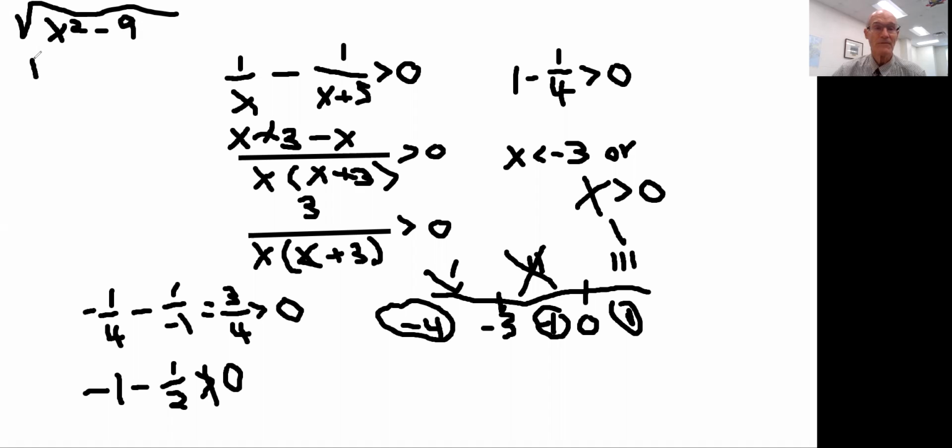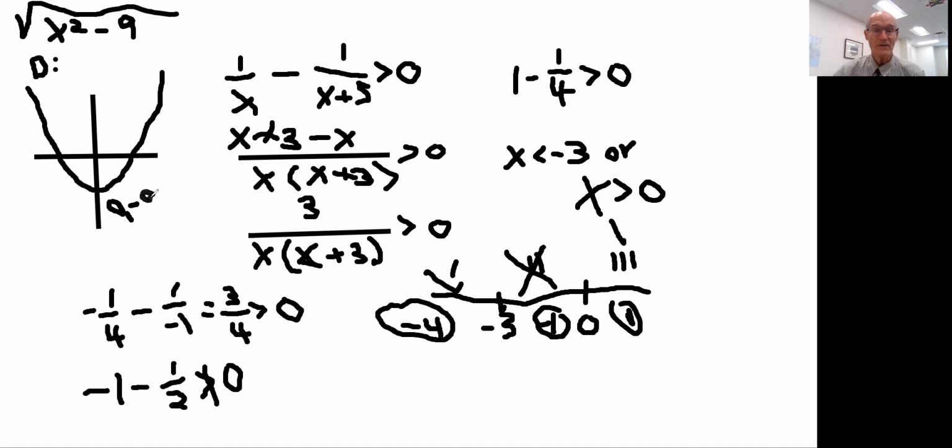Now remember, if you have a square root, the number underneath the square root has got to be positive. So if I look at this graph of x squared minus 9, it basically is a parabola which opens up, comes down like this, crosses at -9, and goes back up. So this is 0, -9.